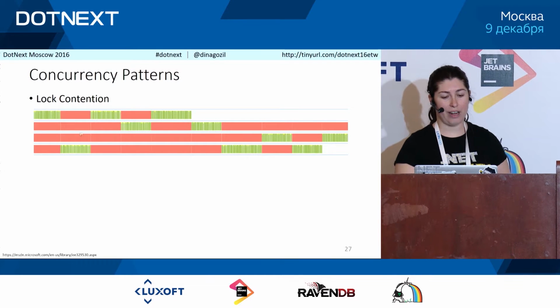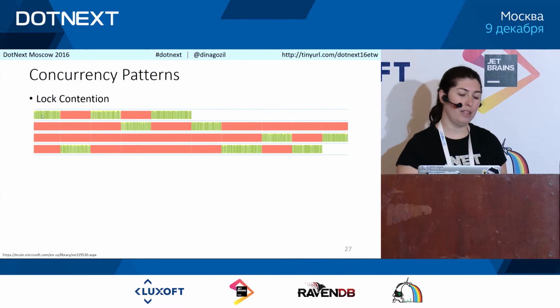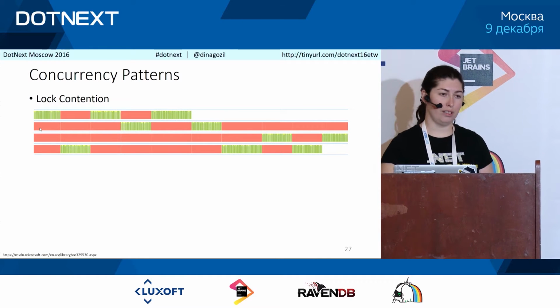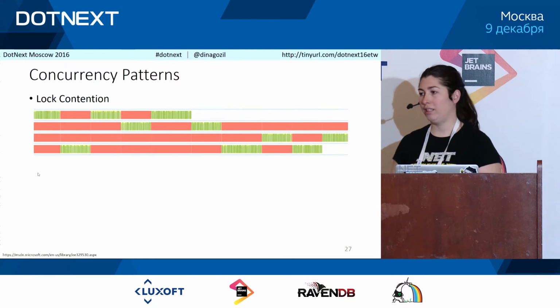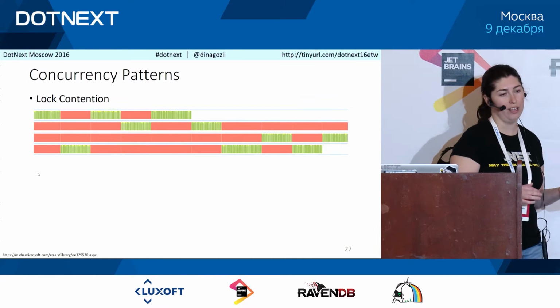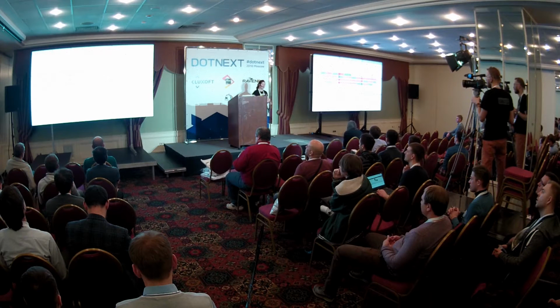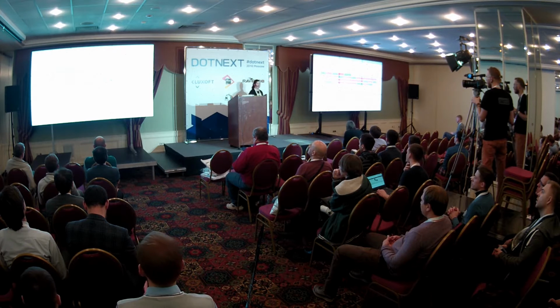And in this diagram, green means that a core is actually doing work, and red means that it's blocked. So what we see in this image is that we have a poor locking model, probably, because even though we have 4 cores, de facto, only a single one is doing work at each moment in time, and that's obviously a shame.